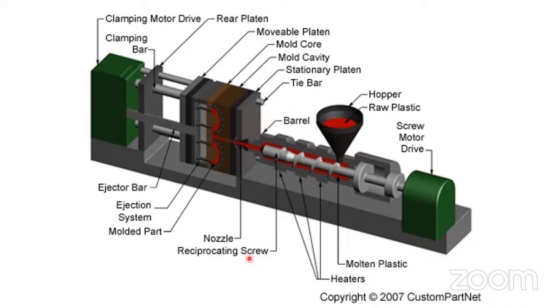That's why it is called a reciprocating screw. While going forward, there is no rotation. While coming backward, there is anti-clockwise rotation, maybe 80, 90 per minute. The speed is 80, 90, 95, depending upon the machine and material.